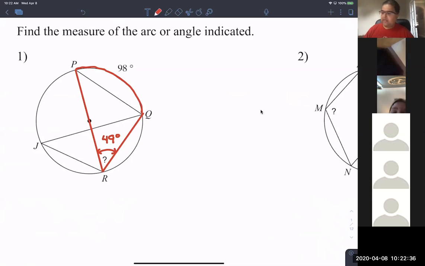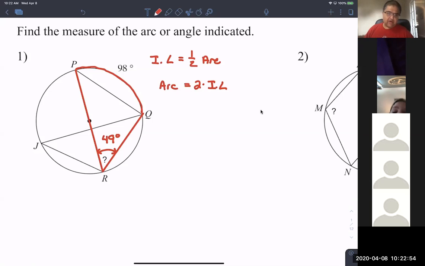We just talked about that. So the inscribed angle is equal to 1/2 the arc, or the arc is double the inscribed angle. So if the arc is 98, to find the angle, you take half of the arc, which is 49. 98 divided by 2 is 49. Okay. Thank you.